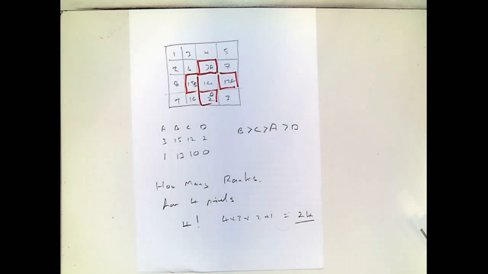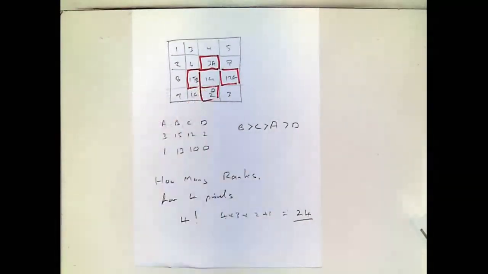And 8 factorial is 40,320, is it? It's getting larger, but it's manageable. So we don't get too much overhead as we increase n, but the 4 pixel operator is still pretty powerful.